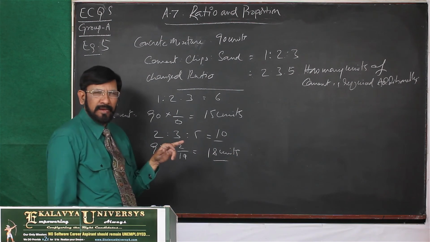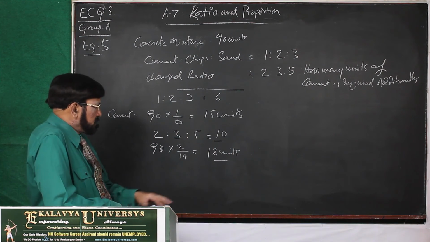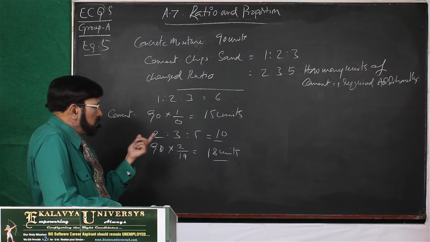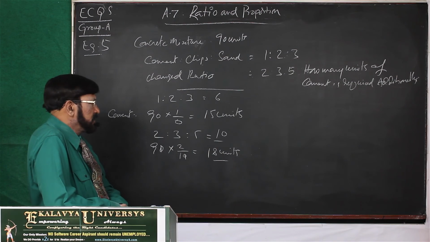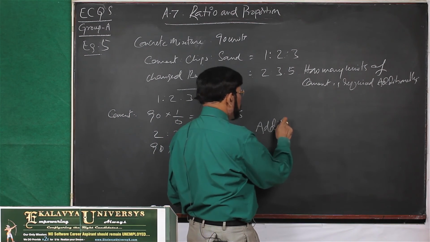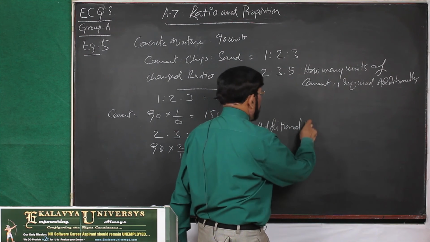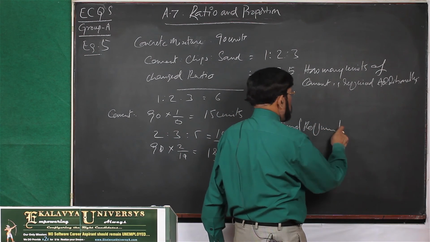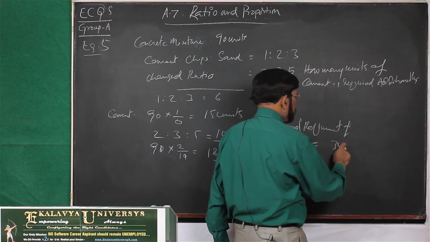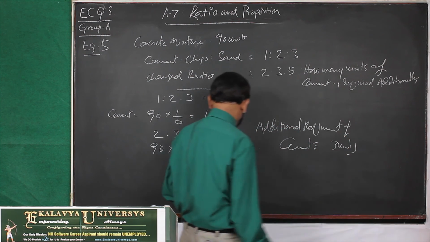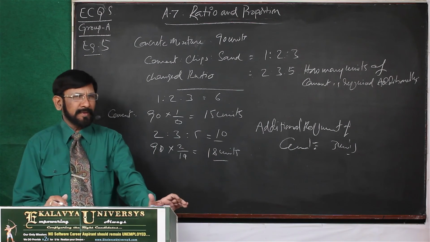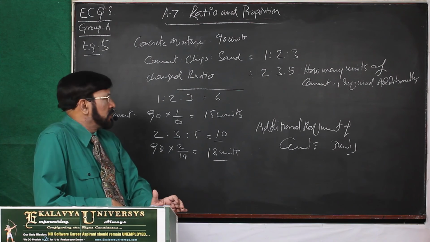So, according to the revised ratio, cement requirement is 18 units. According to the old ratio, cement requirement is 15 units. So, the additional requirement of cement is 3 units, 18 minus 15. In this manner, you have to calculate these problems.